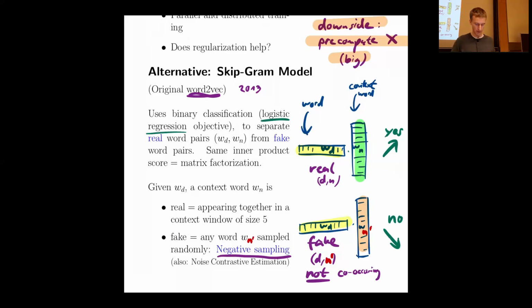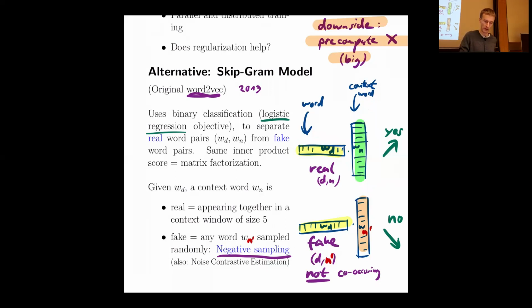Yes. The embedding for a word, and for the same word as a context word, are those two embeddings different? Yeah, your question is every word has here a word embedding, but then the same word might have a different context embedding. That's true. It's a similar situation as we discussed before with love. So yes, if you want, you could make them the same. It doesn't really matter.